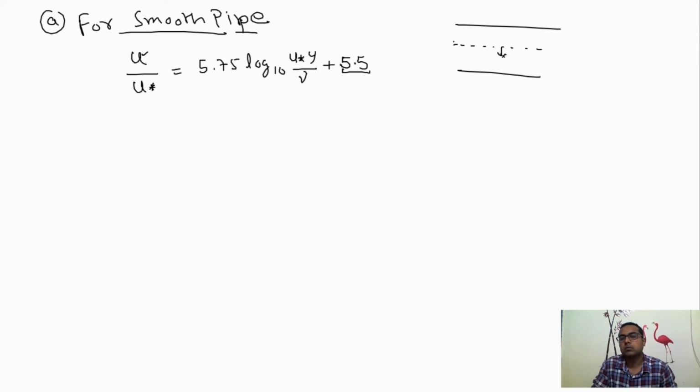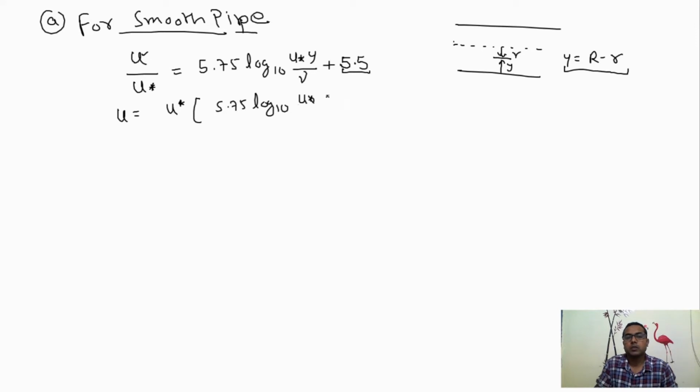We know this is r, so this is y, and y is capital R minus r. Put this limit here. So u is u star times 5.75 log base 10 of u star (R minus r) divided by nu, plus 5.5.